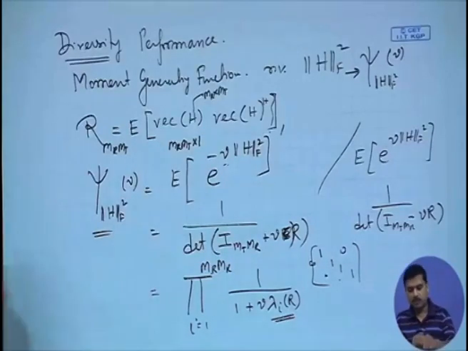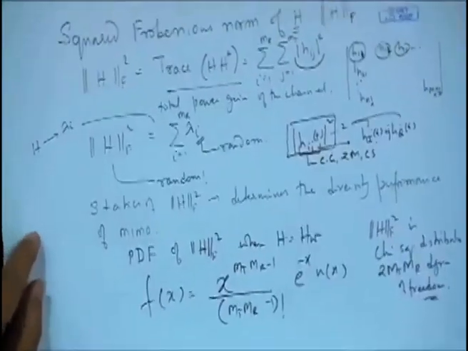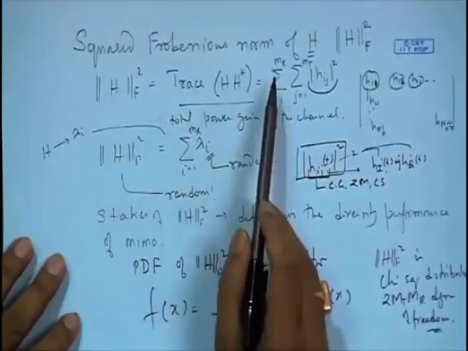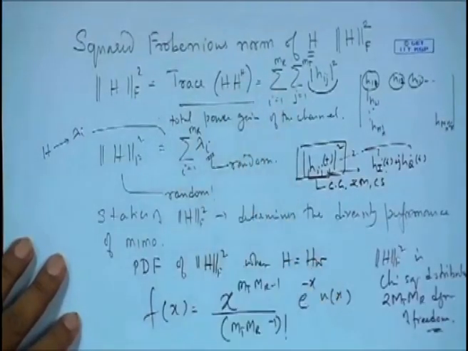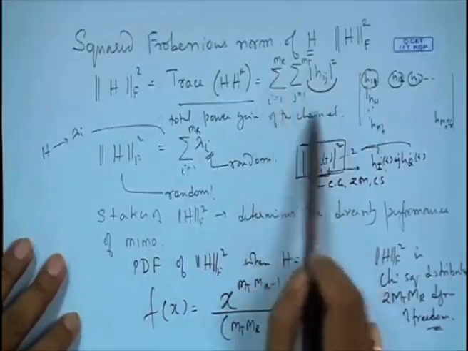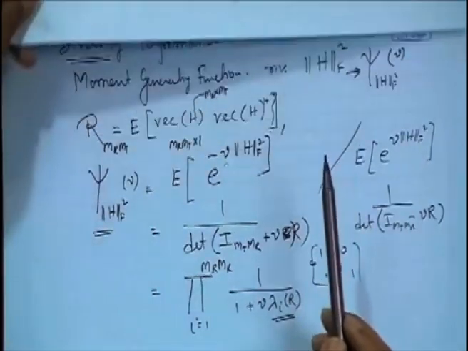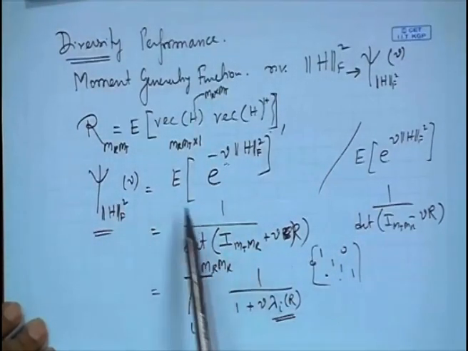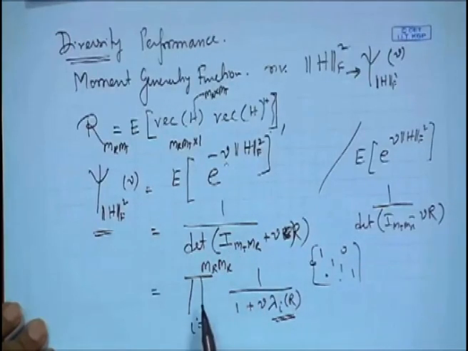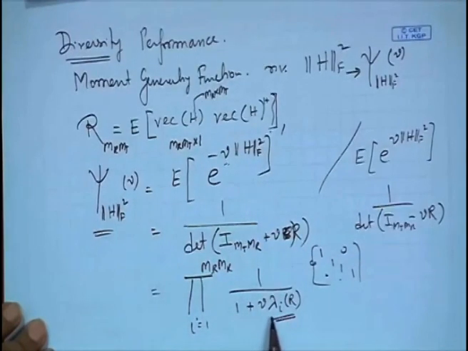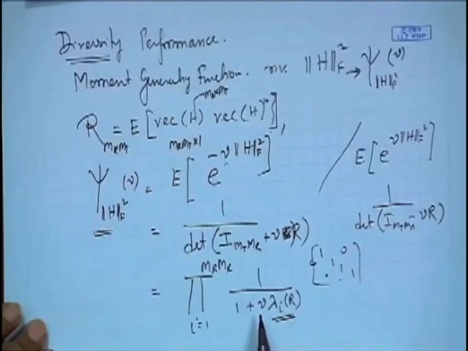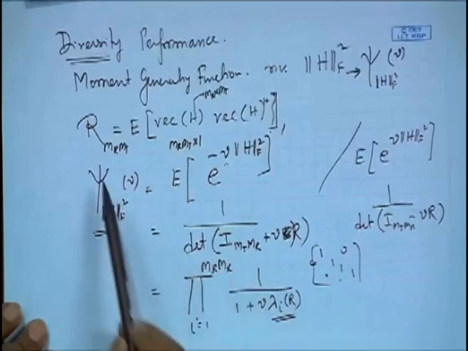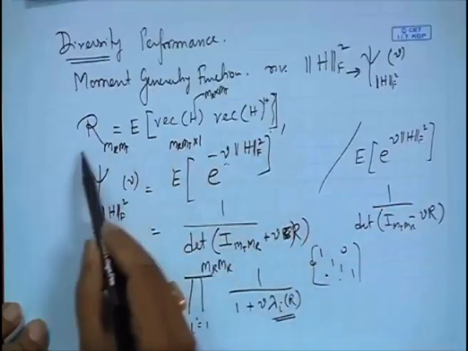To summarize, the most important thing we have looked at in this session is the squared Frobenius norm, and how we have found what the squared Frobenius norm is. The squared Frobenius norm is basically the total strength of the channel, and the moment generating function of HF squared turns out to have the structure of a product of 1 over 1 plus nu times lambda i of R, where nu is given by this expression.